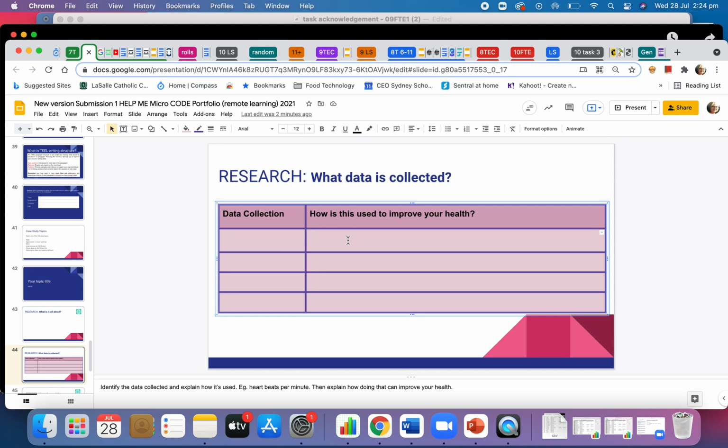Now, why would that be good? If I was an elite athlete doing interval training, I might want to increase my heart rate to try and improve my fitness and blood flow and overall well-being. So I've set myself a goal that I want to get my heart rate up past a certain point in my 30 or 60 seconds of interval training.